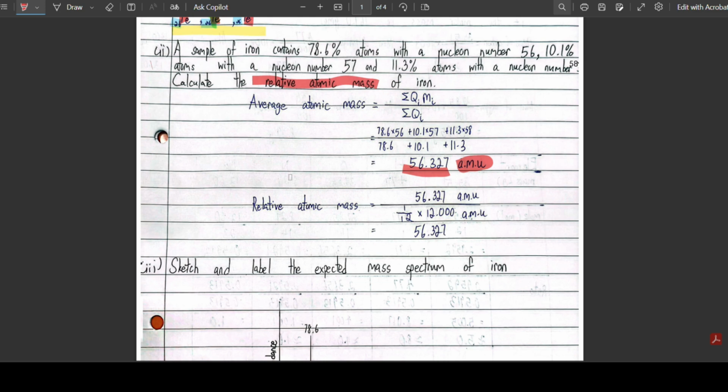And then we can find out the relative atomic mass. So we will use the average atomic mass divided by 1/12 times the mass of 1 atom of carbon-12. Then we get the relative atomic mass for iron.